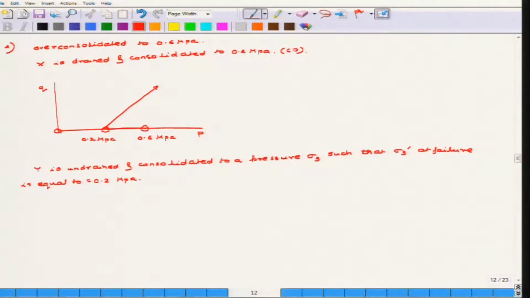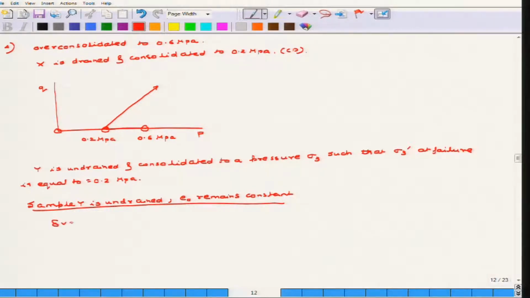So since Y is undrained and consolidated, now we have to first plot the limit state conditions. As I have said, in the residual state the conditions are the same, so in this case also these conditions are the same. Now sample Y is undrained and the void ratio e naught remains constant, because, as you know from the definition of an undrained test, delta V is equivalent to 0.